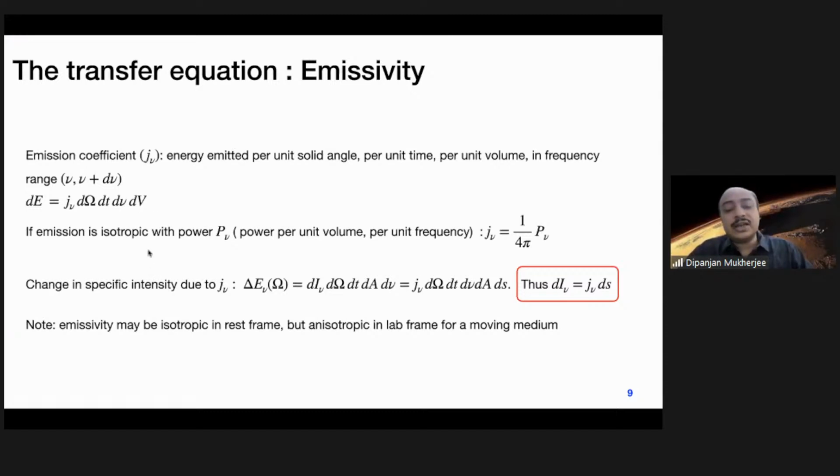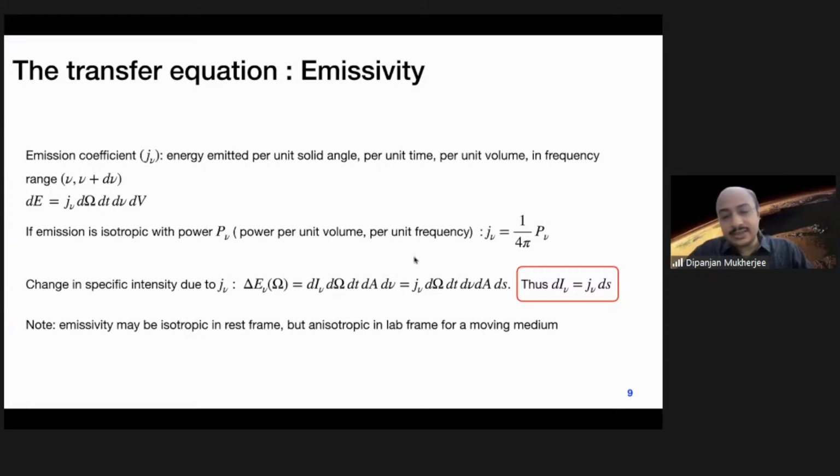If emission is isotropic with power P nu, then power P nu means energy per unit time, so this is dE by dt. This is essentially P nu, and this is per unit volume, so you can remove dV here. So j nu is just 1 by 4 pi P nu, 1 by 4 pi because this is essentially the solid angle average. So you have unit contribution from each solid angle.